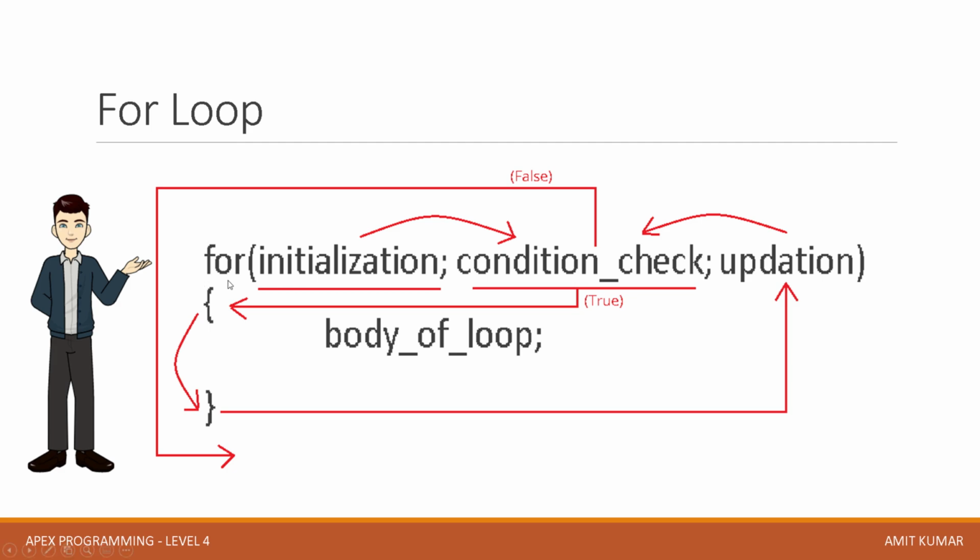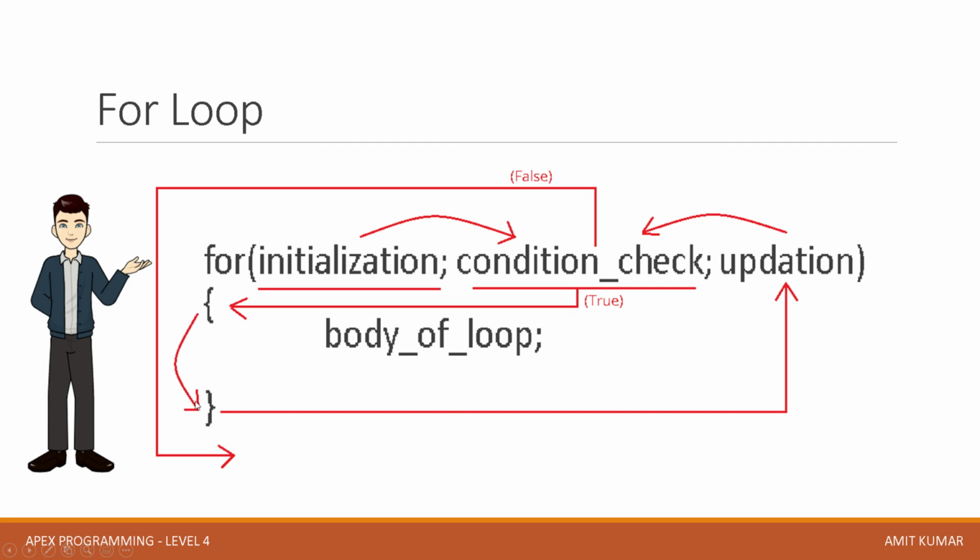Now let's try to understand the basic flow of a for loop. As soon as a for statement is executed, the initialization of the loop counter takes place, and throughout the life cycle of the for, this statement is executed only once. Once the initialization is done, it moves to the condition check, and in case the condition evaluates to true, it executes all the statements within this block of for.